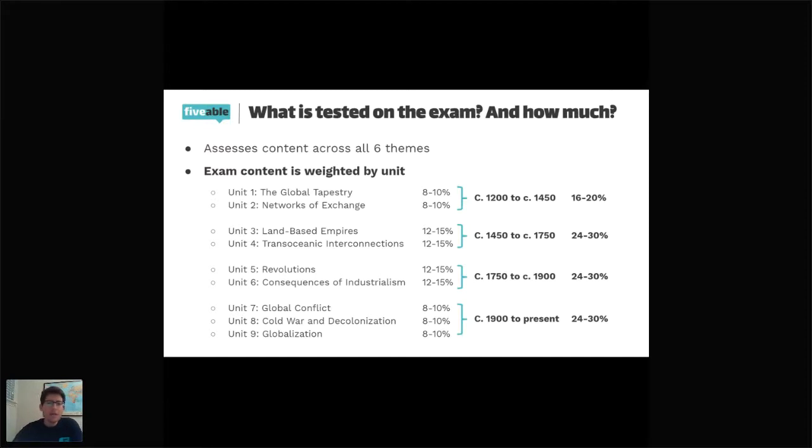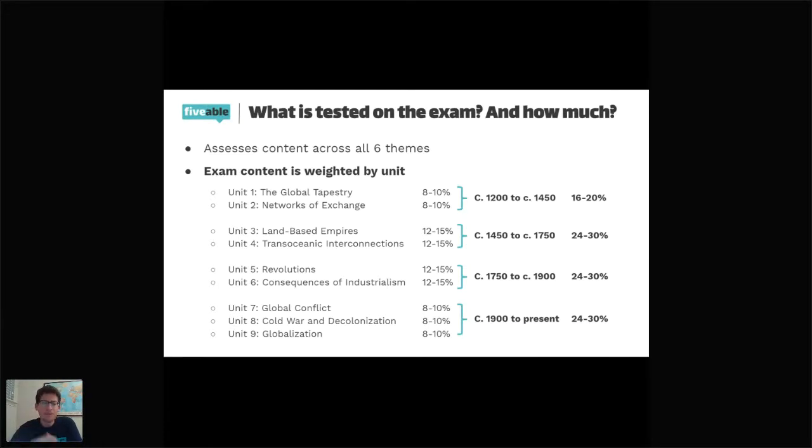So if you take a look here, the new course is divided into 9 units, and each unit corresponds with a time period. The first time period is 1200 to 1450. It's a portion of what we used to call period 3 in this course.